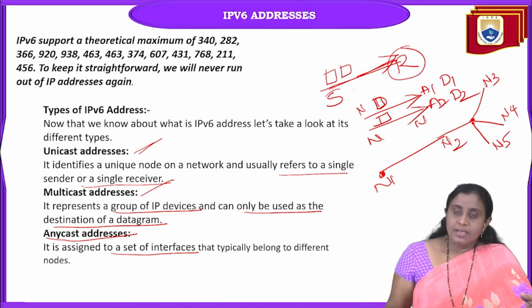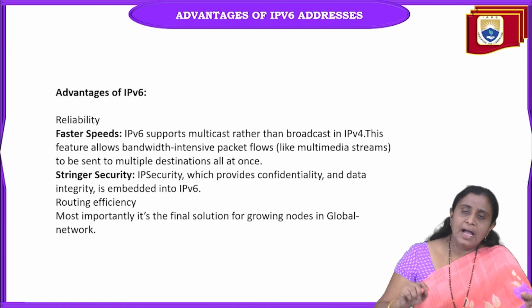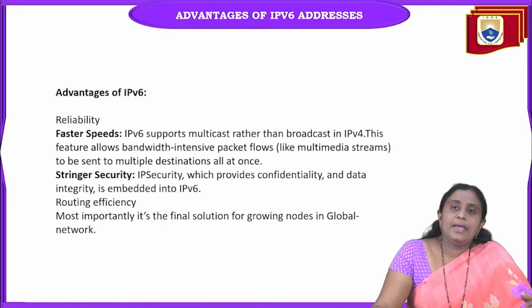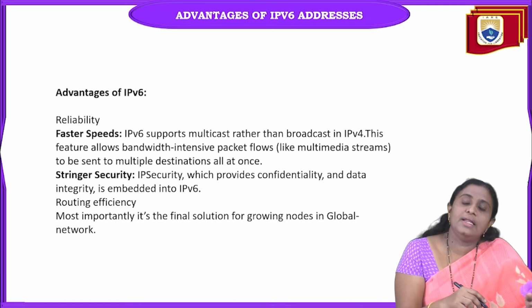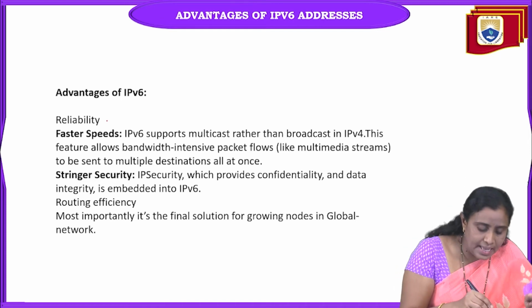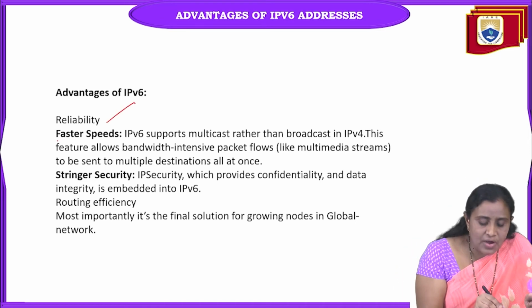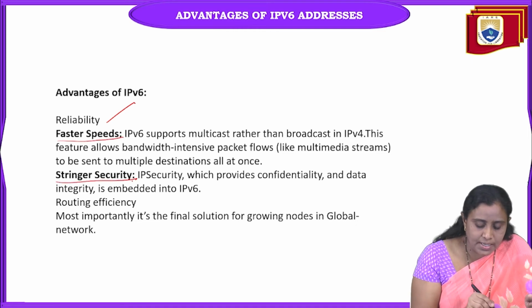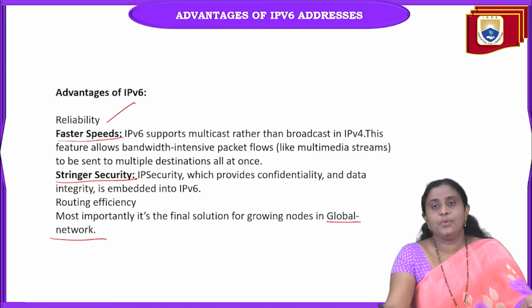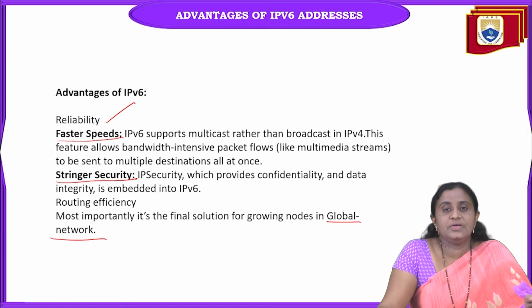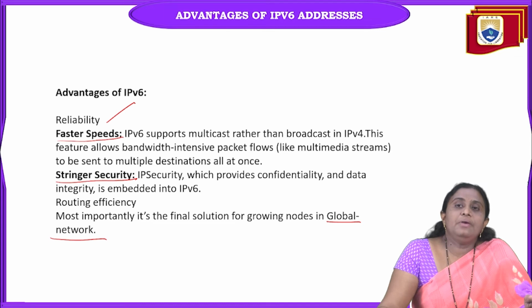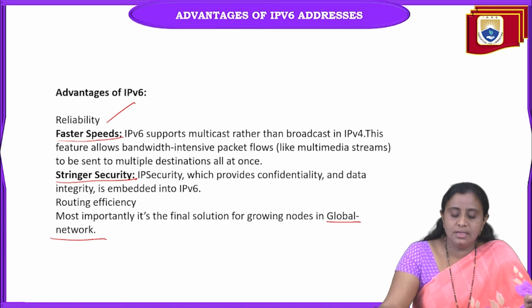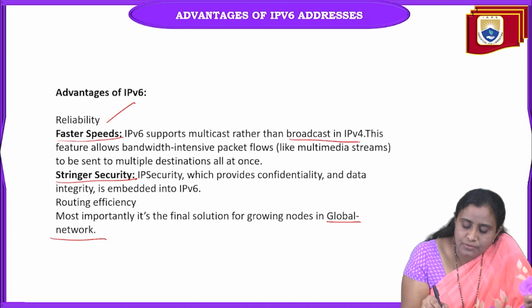So after that, coming to the advantages of IPv6. What are the main advantages while you are dealing with or defining IPv6? Reliability, after that fast speeds, stringent security, and most important, global networking. Coming to this, the first advantage is what we can call reliability. Fast speeds: IPv6 supports multicast rather than the broadcast in IPv4.